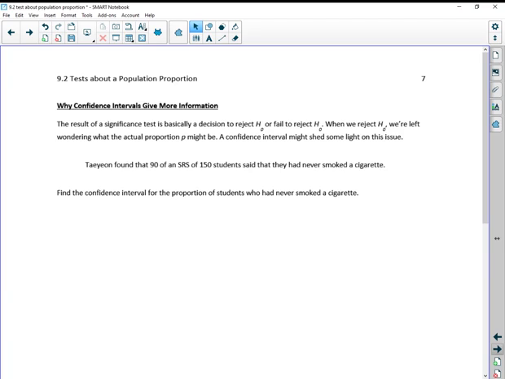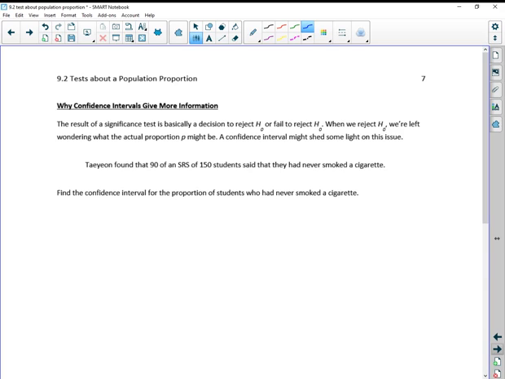Now we know we either caught the true value or we didn't, but if I go out there and do many confidence intervals, at some confidence level, some percentage of those confidence intervals will have caught that true value, which is a fixed value, not changing. And some percentage of them, at alpha, will not have caught it.